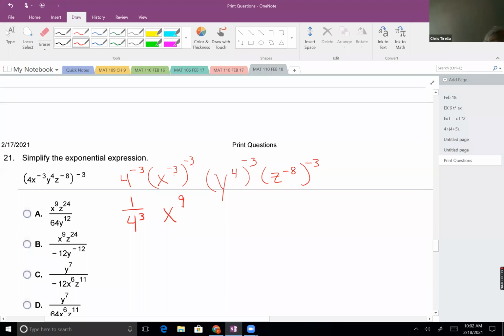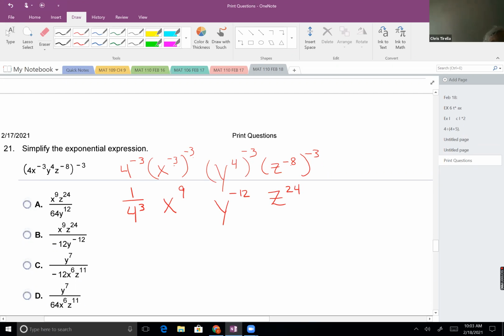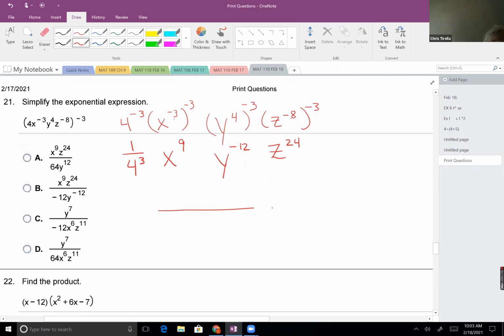Negative times negative is positive. Multiply exponents. Positive times negative is negative. Multiply exponents. Negative times negative is positive. Then 4 to the 3rd is 16 times 4 is 64.